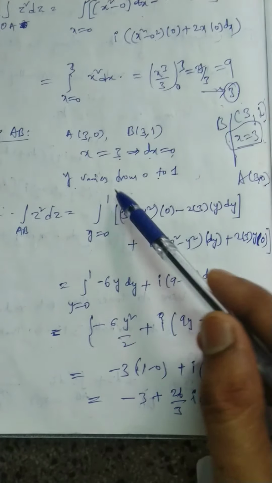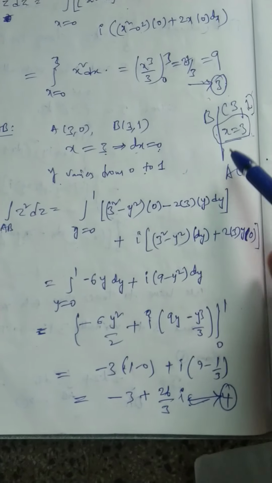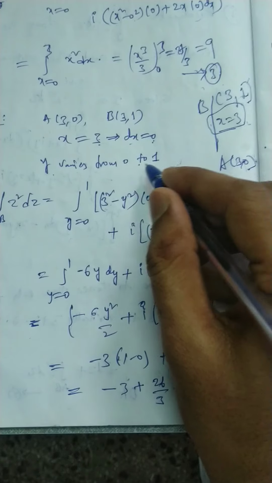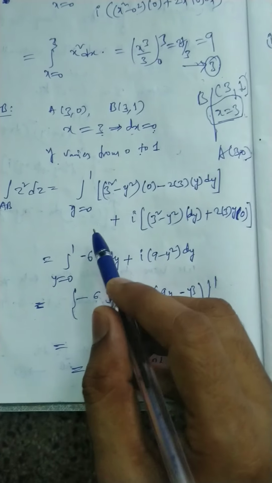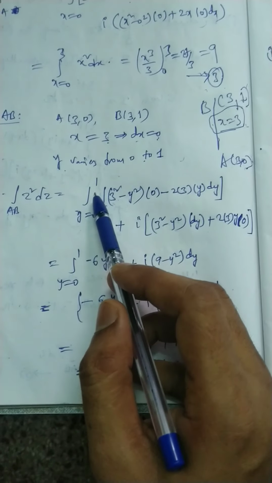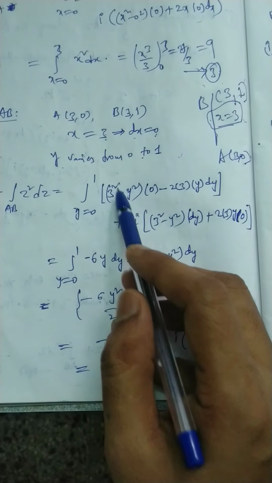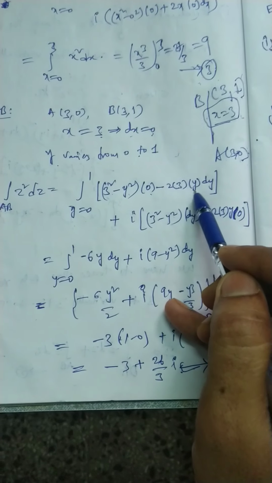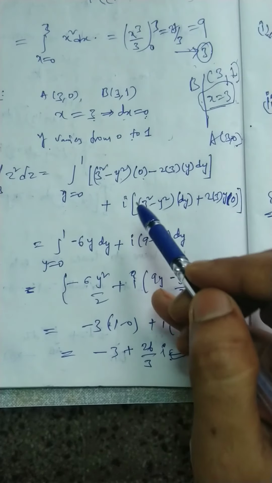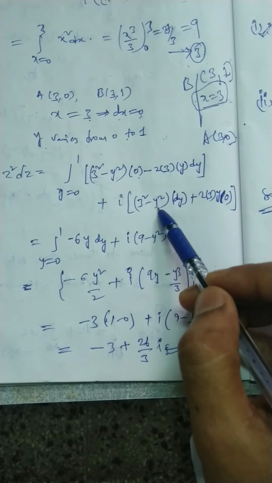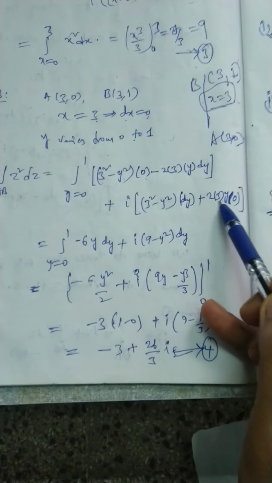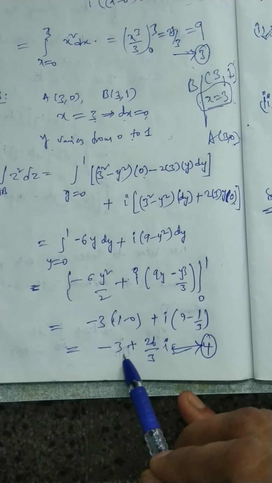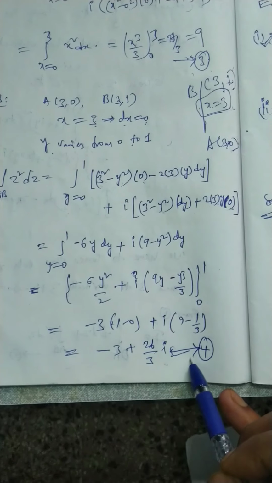So y varies from 0 to 1. Using this we have the integral from 0 to 1 with x value 3: 3 square minus y square, dx is 0, minus 2xy with x equal to 3, dy, plus i times 3 square minus y square dy plus 2xy with x equal to 3 into dx, which is 0. Simplifying this expression we get minus 3 plus 26 by 3 times i.